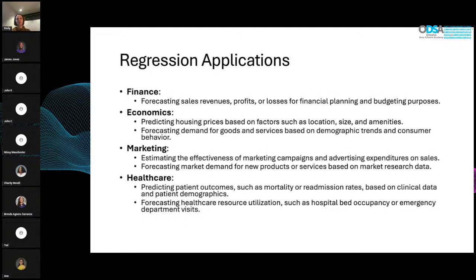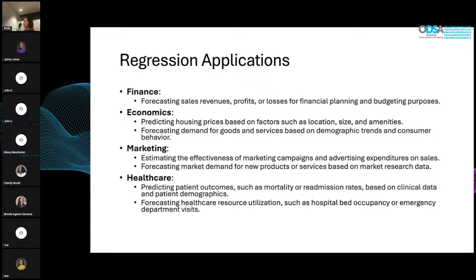There's a lot of different applications, so I tried to just put these up here to get some creative ideas in your mind, but forecasting sales, revenues, profits, losses for financial planning and economics. We talked about housing prices could be based on these factors, such as location, size, amenities. Those could be your input features.